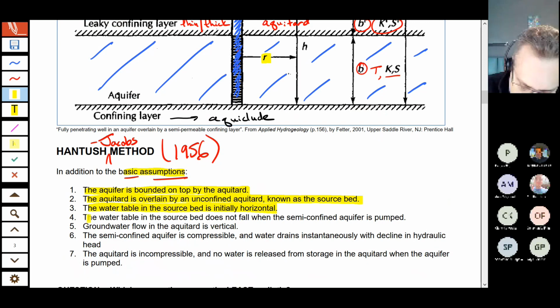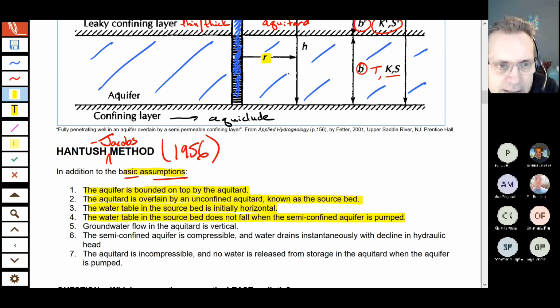Here's another one. The water table in the source bed does not fall when the semi-confined aquifer is pumped. Boy, that one's a little bit tough.